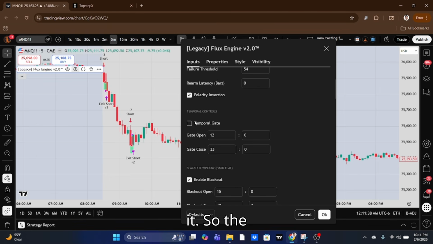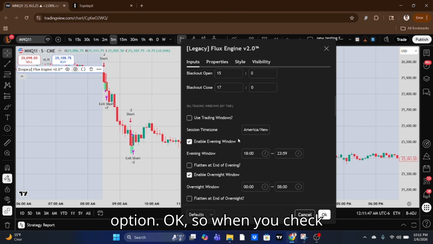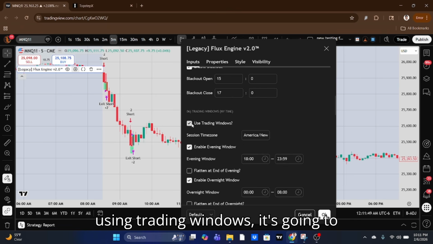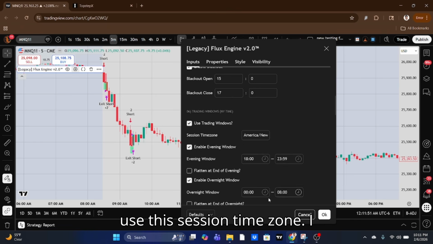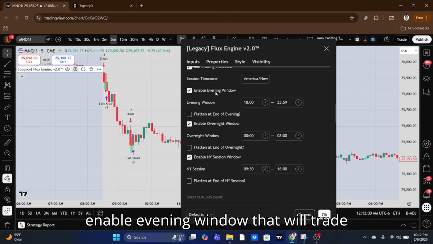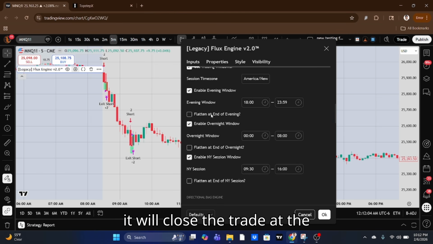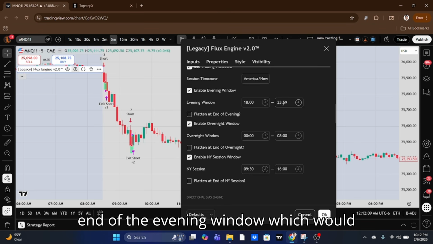So the reason why I don't actually mess with Temporal Gate is because I added a better time filter option. Okay. So when you check use trading windows, it's going to use this. Session time zone, I usually keep this as is. I don't change it. You can enable evening window, so it will trade with this. You can also flatten, which means it will close the trade at the end of the evening window, which would be this.